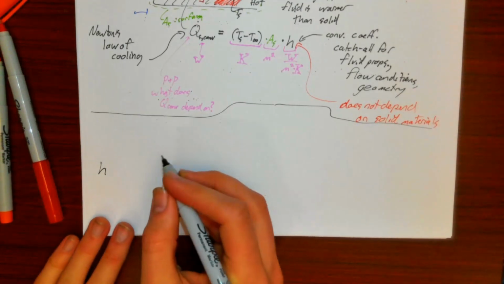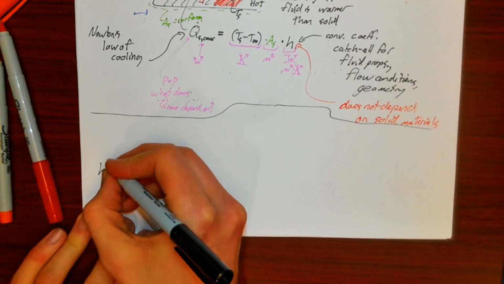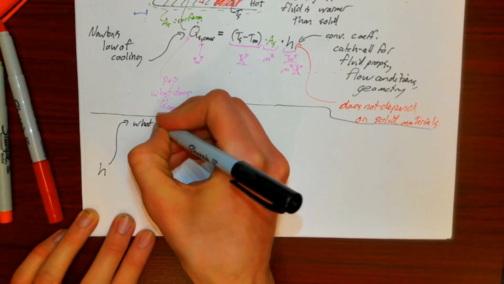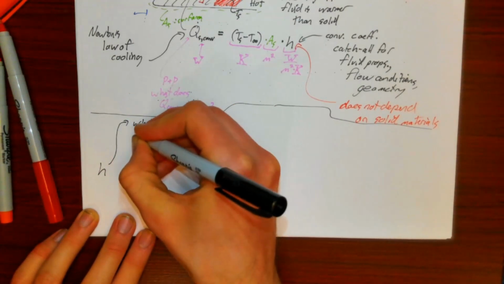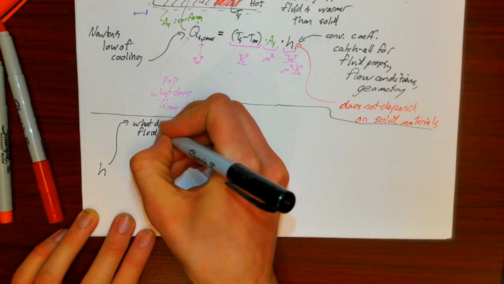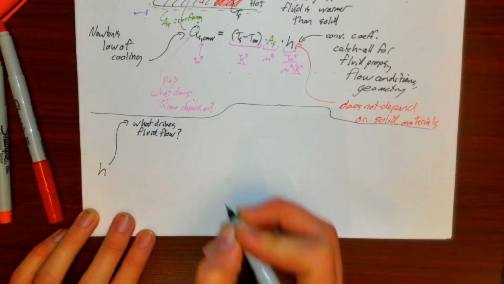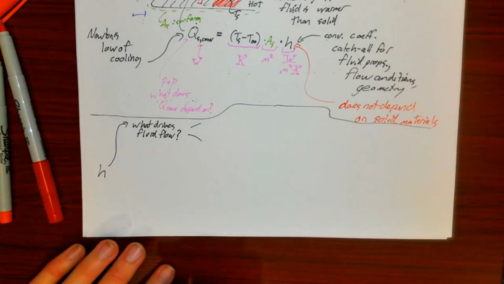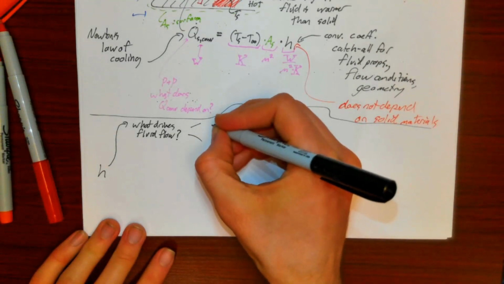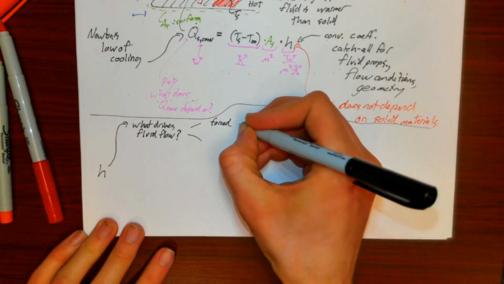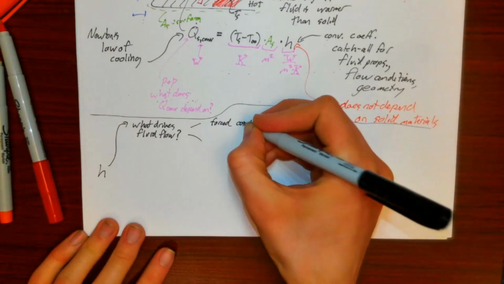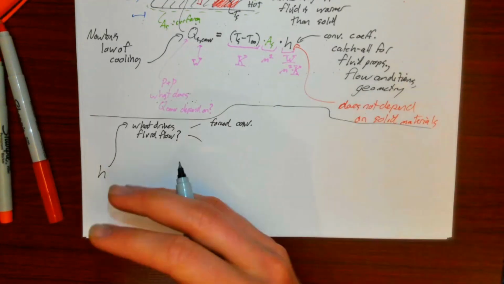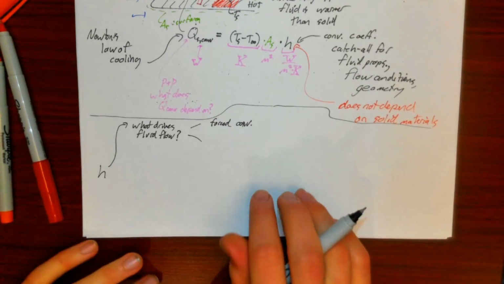The first thing we might think of is, what drives the flow? There can be two scenarios for what's driving the fluid flow. One scenario is what we call forced convection, which is basically me actively blowing air on the nacho chips.